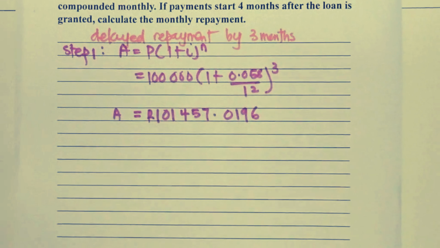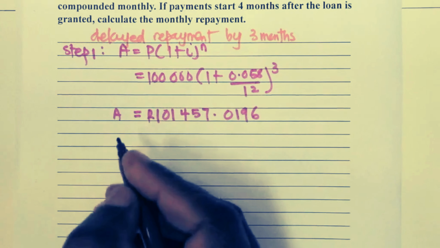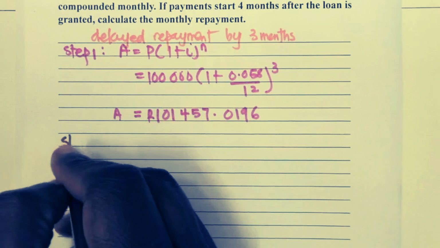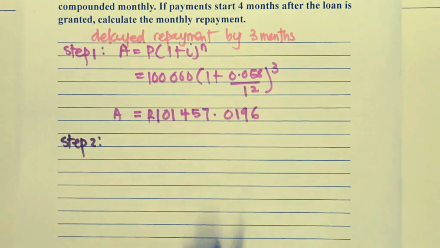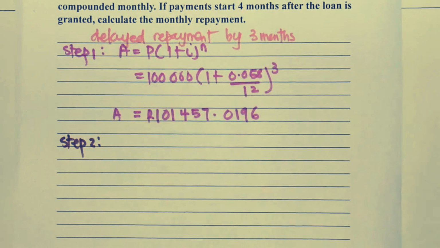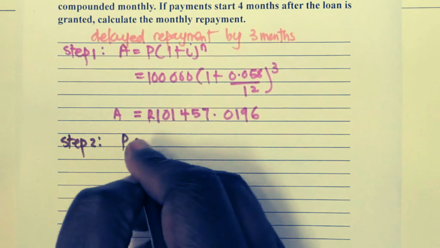and then I move on to step number 2, where I now need to calculate the amount of money that will be paid every month. I'm going to use the present value formula.